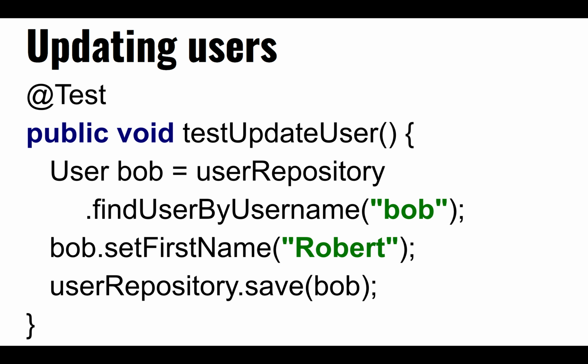Meaning that when you call setFirstName, you're not really calling the User setFirstName. Instead, you're calling a wrapper object that is intercepting all the communication with the object, and to keep track of what it is that you're changing. To keep track that, hey, you changed the username, you changed the password. This object is now dirty.